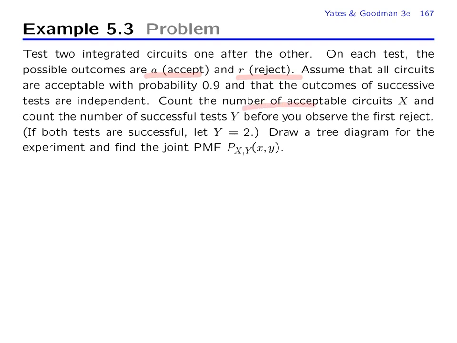We're going to count the number of acceptable circuits x and count the number of successful tests y before you observe the first reject. So the problem says to draw a tree diagram, so let's get started. The first test is either acceptable or it's a reject. And the second test is either acceptable or it's a reject.